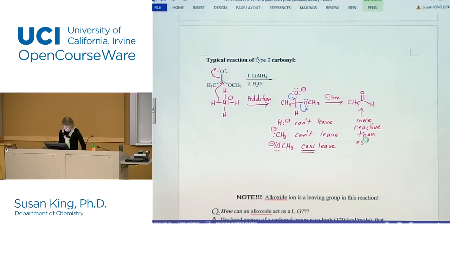Therefore, we can't stop here. So what's going to happen is the lithium aluminum hydride is going to add again. Let me draw it up here where I have a little more room.